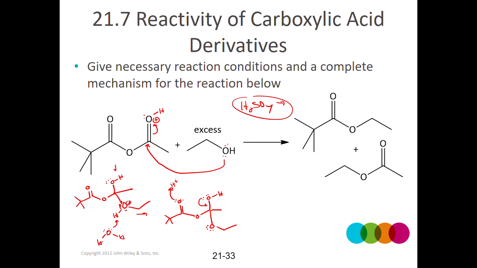So I don't want to run out of space here. So let's just show that now bonded there. That's going to make that positive. So then these electrons are going to swing in here. This is going to act as a leaving group and push electrons onto that oxygen. So this now breaks open the structure.